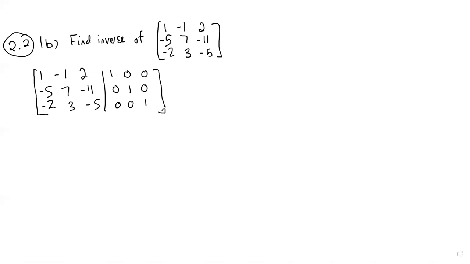What we are going to do here is perform row reductions until the goal is to turn the left side into the identity. So I'm going to bring this to I. Once we've done that, the result is that the right side will become the inverse. It's just a nice result of this algorithm.